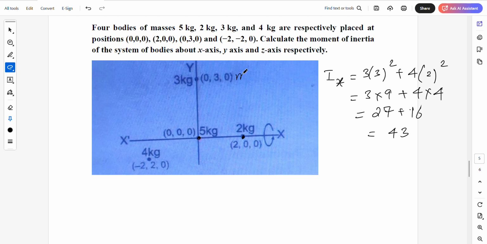I can take all of these as meters. I can write 43 kg meter square.